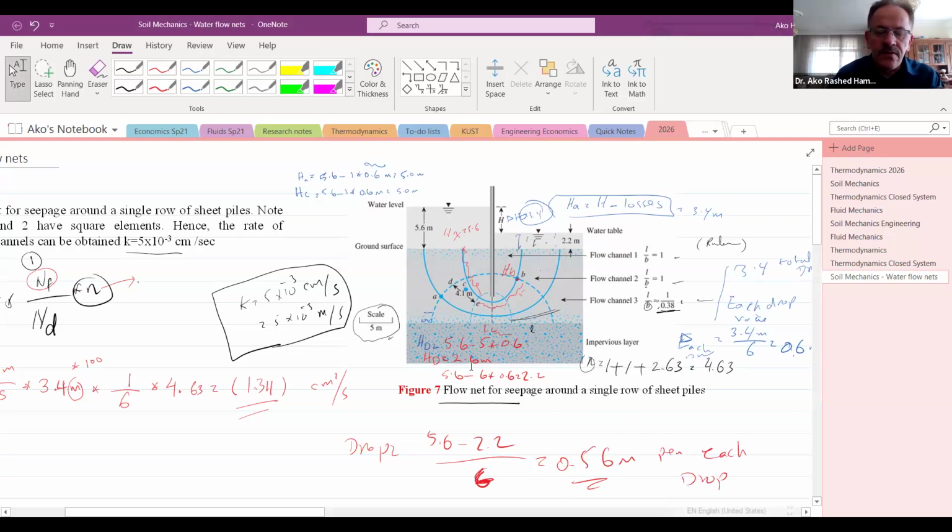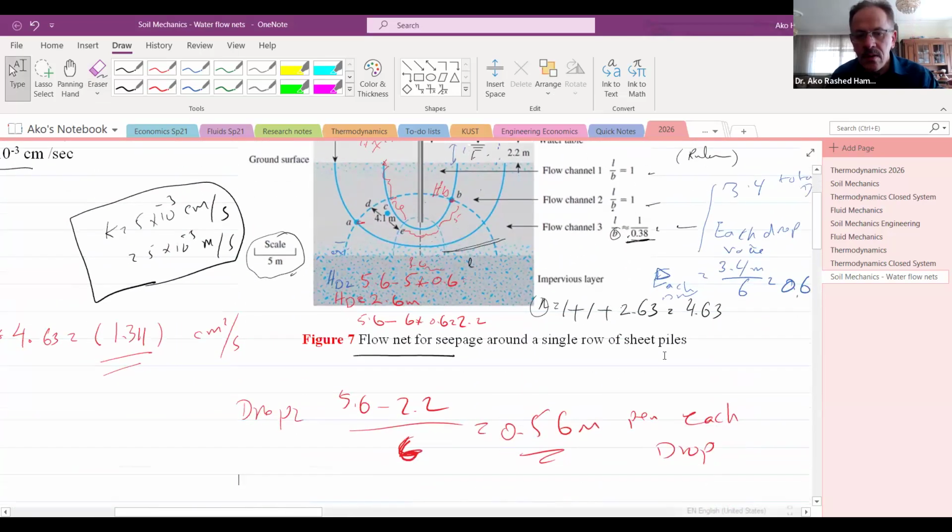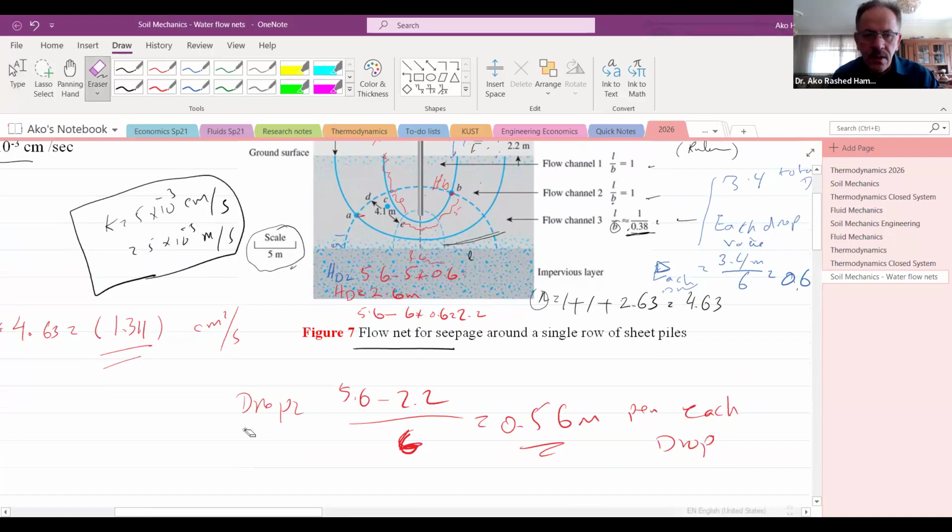So again, if I want to see what will be the head at A, head at A is equal to head at X, which is 5.6, minus 1 drop. 1 drop is 0.56.